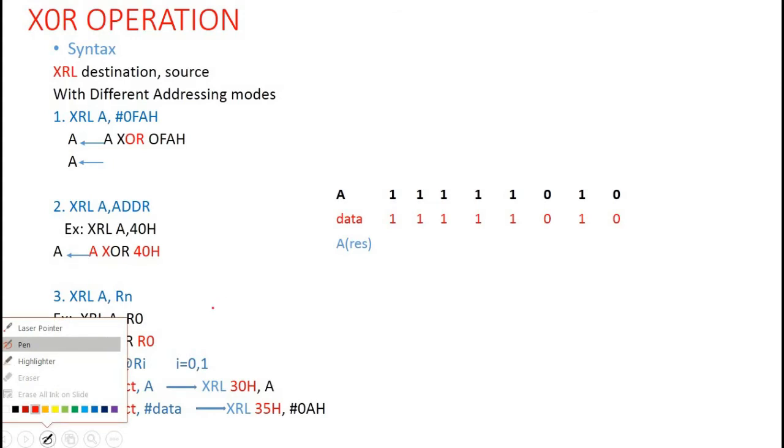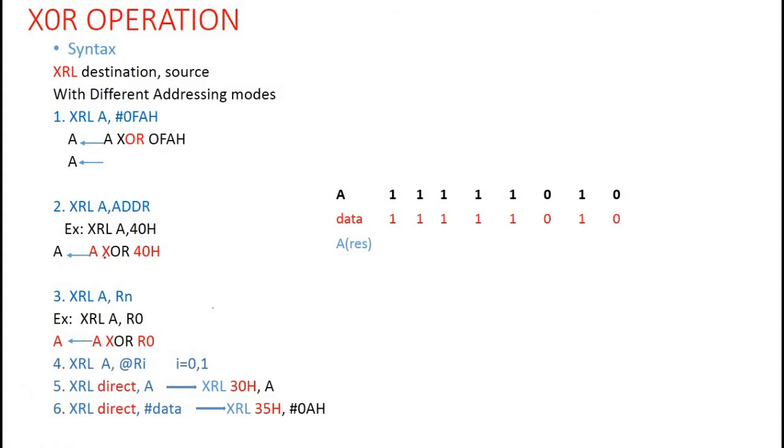XOR operation. So same thing, XOR operations. Under XOR operations also we have 6 different instructions. The first one is XRL A comma immediate data, XRL A comma address, that is direct address, which means the XOR operation is done between the accumulator and the data present in 40H, and the XOR operation between the contents of accumulator and the contents of register.